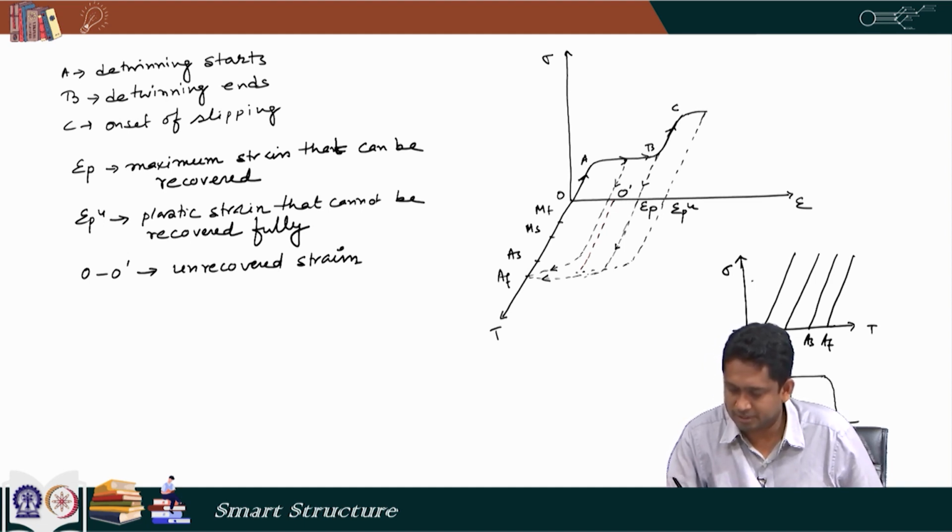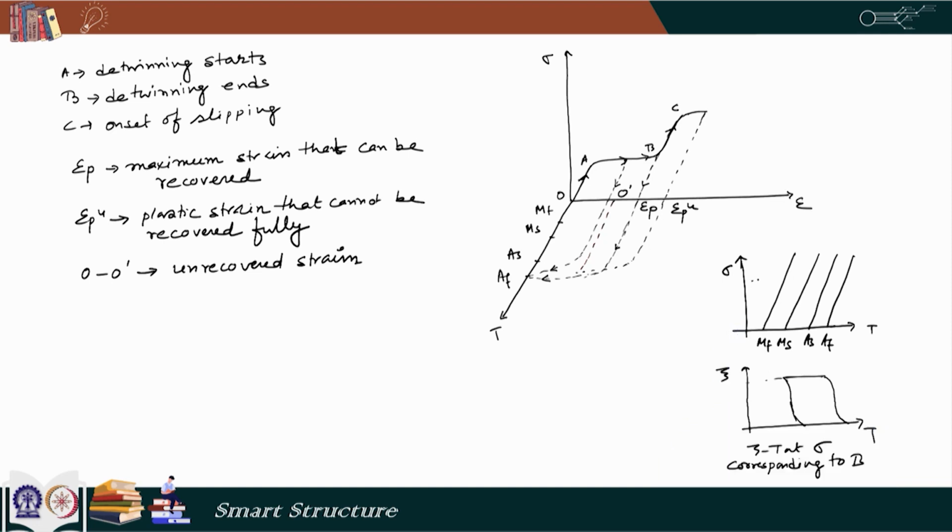So, this is our xi versus T diagram, xi versus T at sigma corresponding to B. From here, if we start increasing the temperature, it takes this route, which means the xi follows this path.